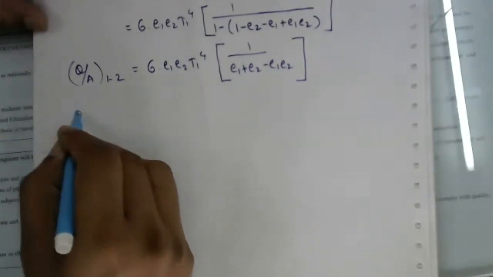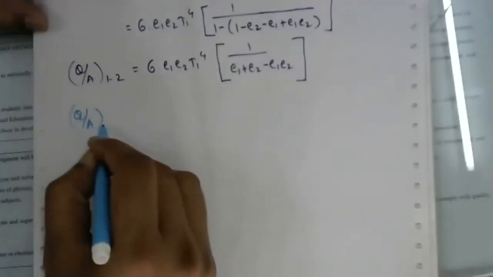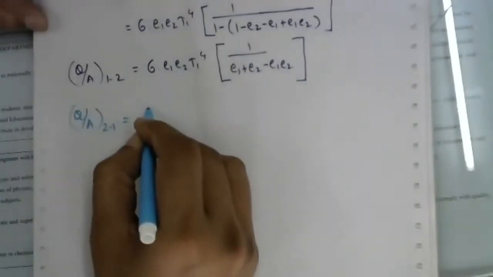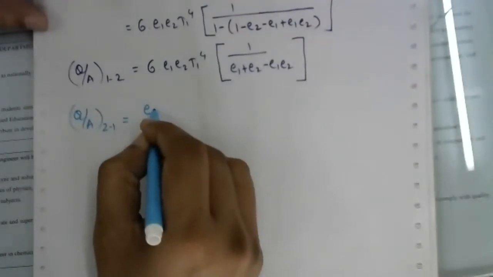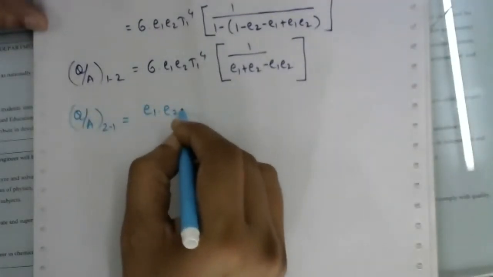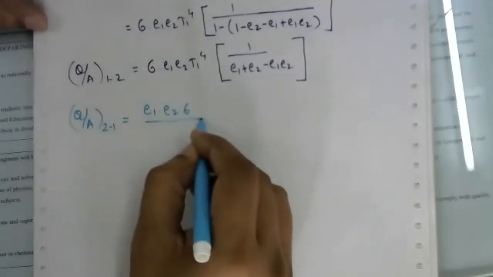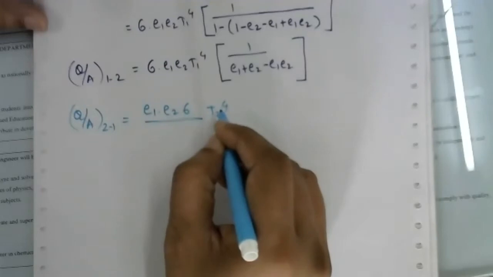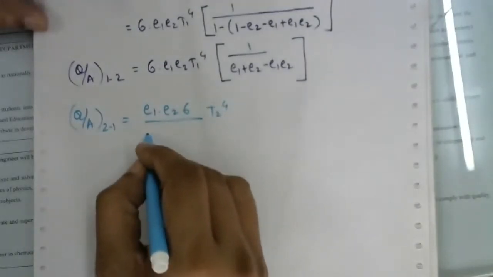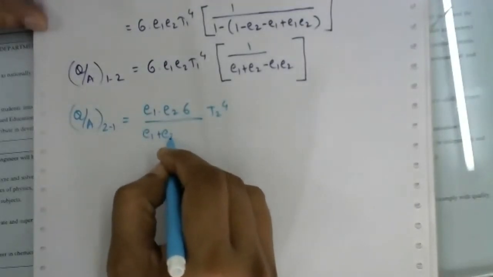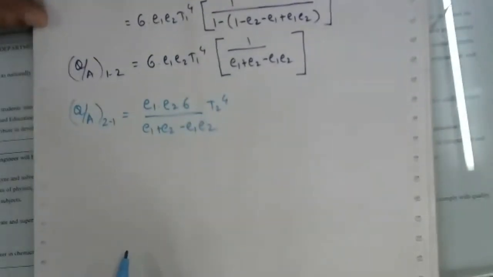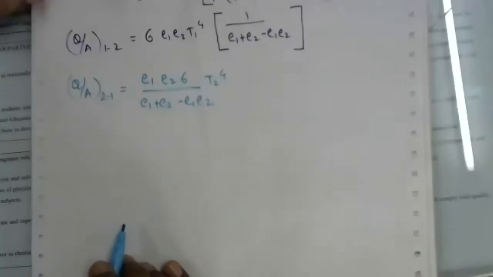So that is Q by A, 2 dash 1, E1 E2 sigma T2 raised to 4 upon E1 plus E2 minus E1 E2, right?